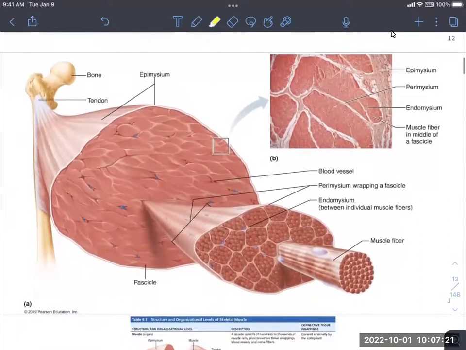Here is the example from your book. You see the epimysium, it goes around the entire muscle. We have our perimysium. That's wrapping around this entire fascicle here.